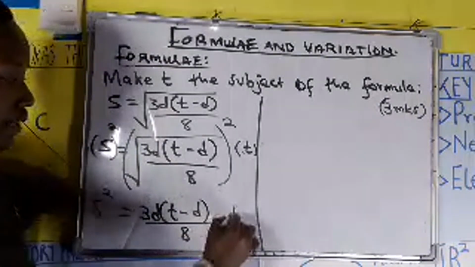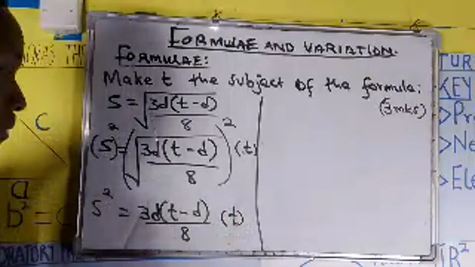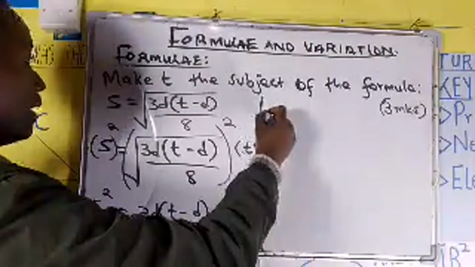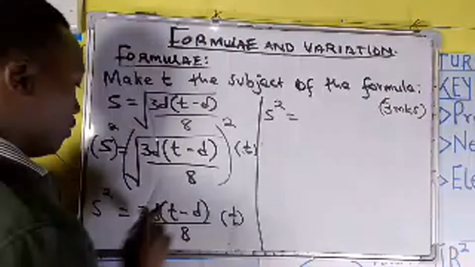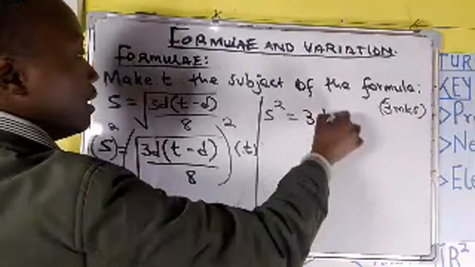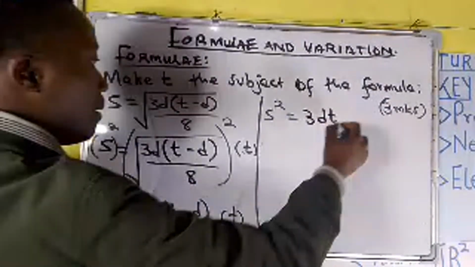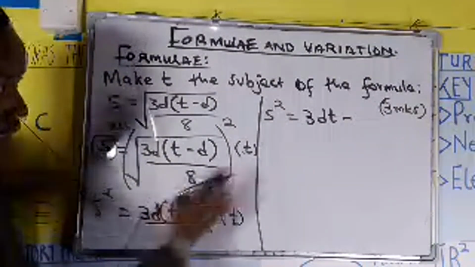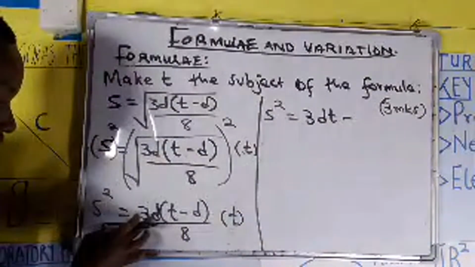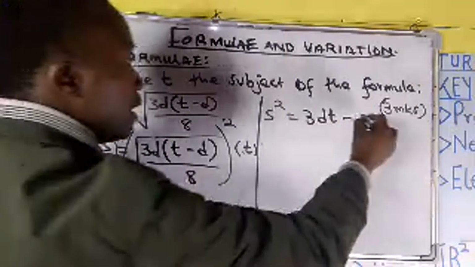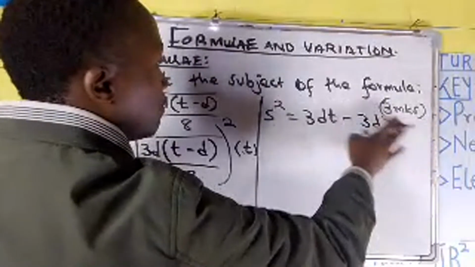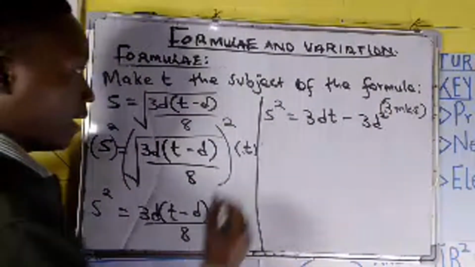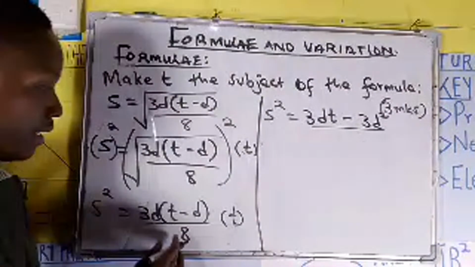That is what we remain with. So S squared is equal to 3d times t, which is 3dt, then minus 3d times d, which is 3d squared, over 8.